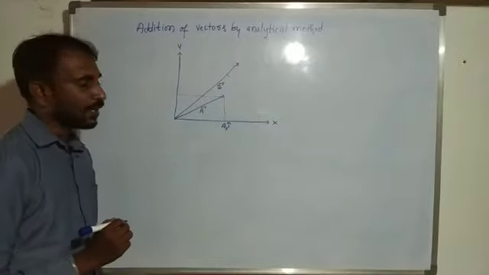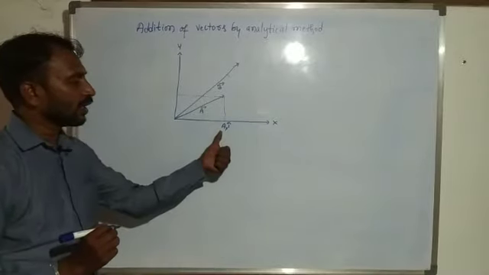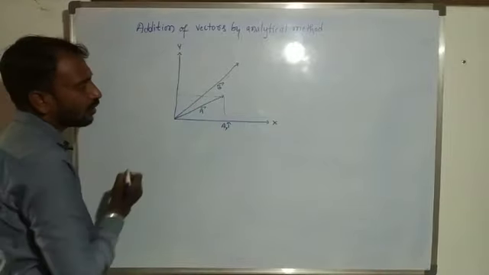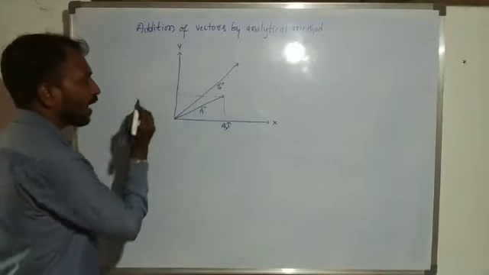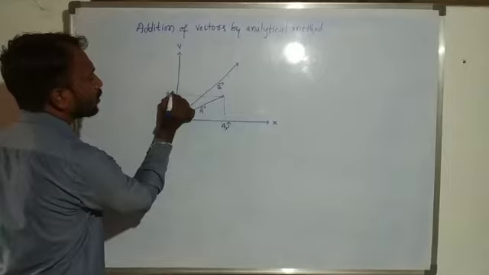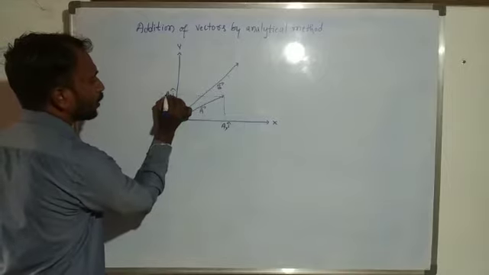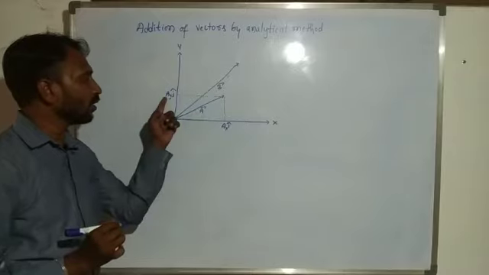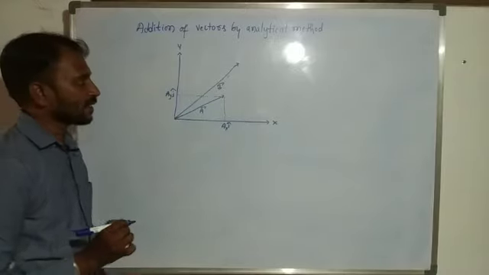Ax i cap is a component of vector A along the x-axis. And the component of vector A along the y-axis is Ay j cap. This is the component of vector A along the y-axis.